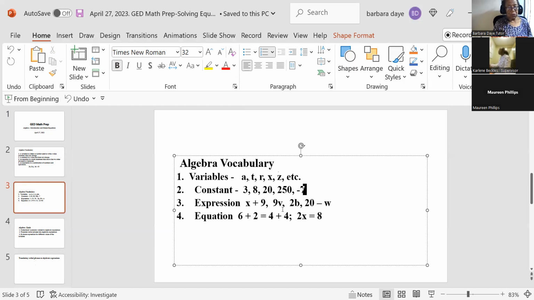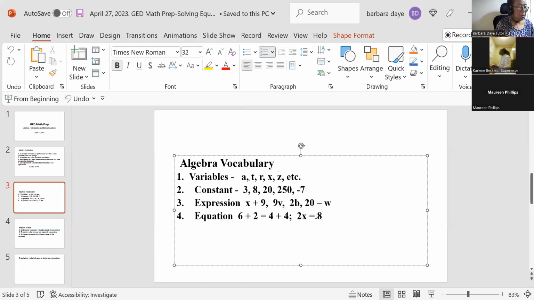Now 2x equals 8. There's another equation. Now, if 2x is 8, Maureen, what is x? 4. That's right, 4. Because the only number multiplied by 2 to give 8 is 4. 4 times 2 is 8.